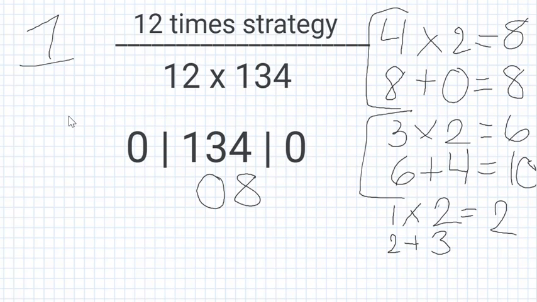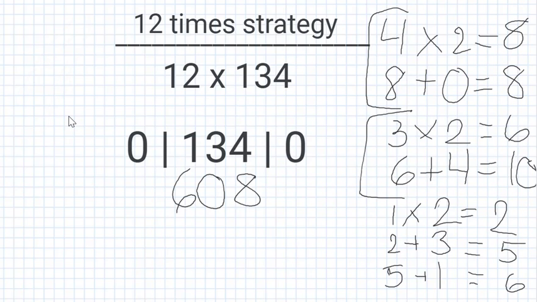And then you get 5. But now you're going to take that 1 and add it to the 5 that you just got, which is 5 plus 1, which gets you 6. So then you write down 6 and you can erase the 1.